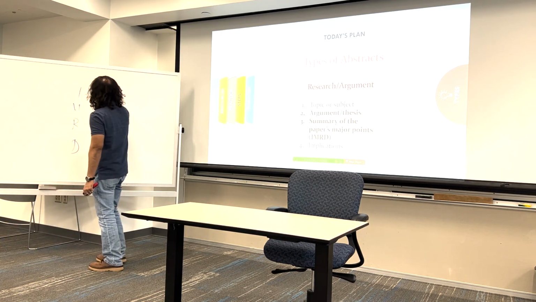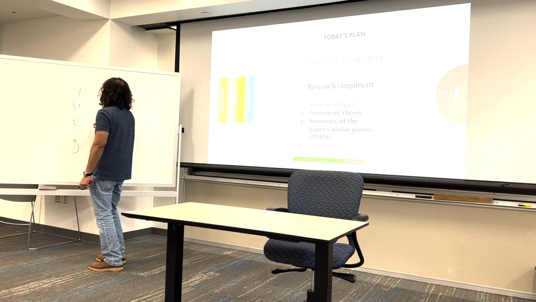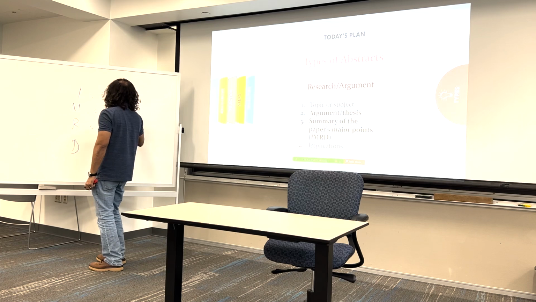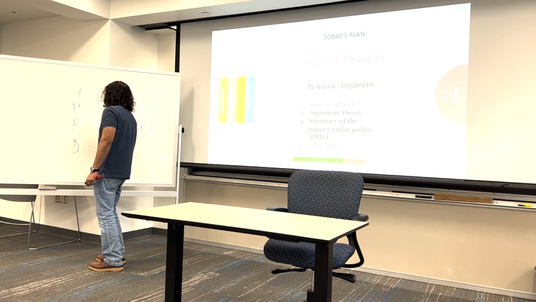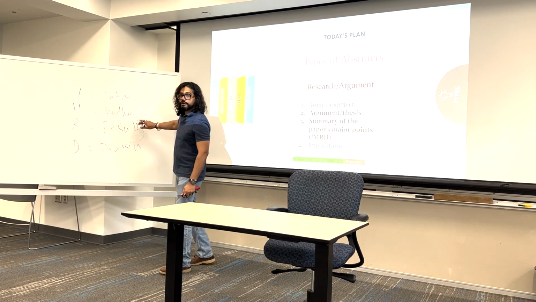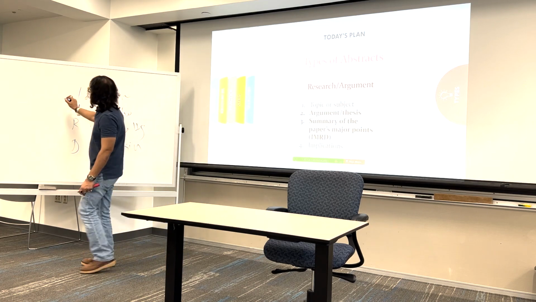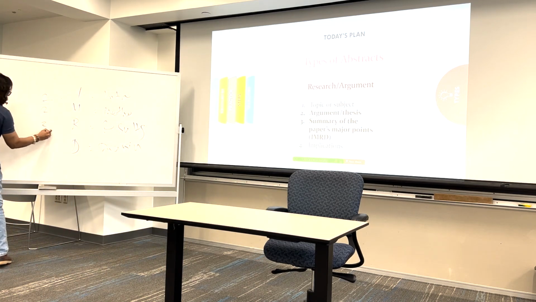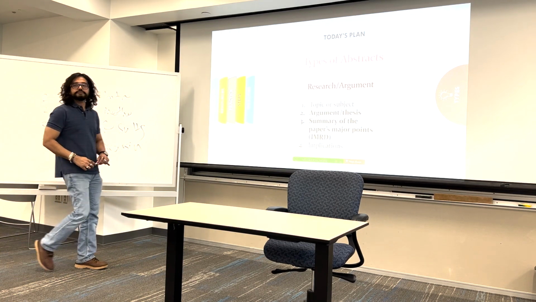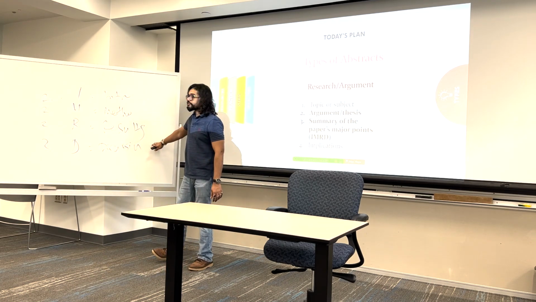IMRD, so it's introduction, method, results, and discussion. These are the sections of your paper, right? That we already discussed in our earlier classes. So two sentences, two sentences, two sentences, two sentences. Two sentences from introduction, two from methodology, two from results, and two from discussion.